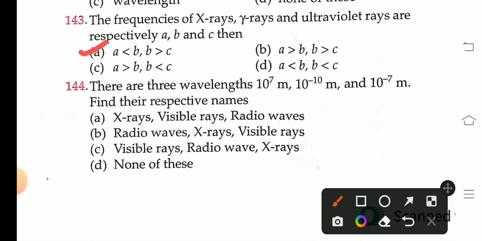Next, there are three wavelengths 10 to the 7 meter, 10 to the minus 10 meter, and 10 to the minus 7 meter. Find their respective names. Right answer option B, radio waves, X-rays, visible rays.